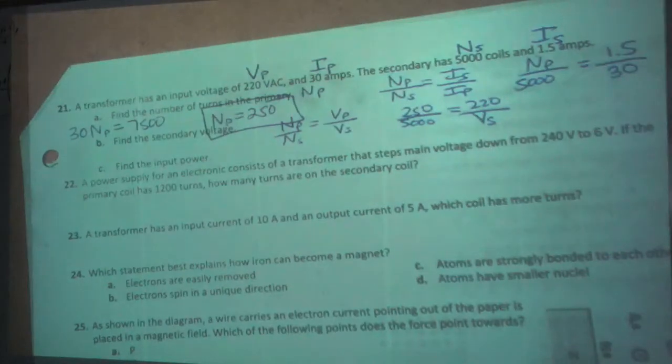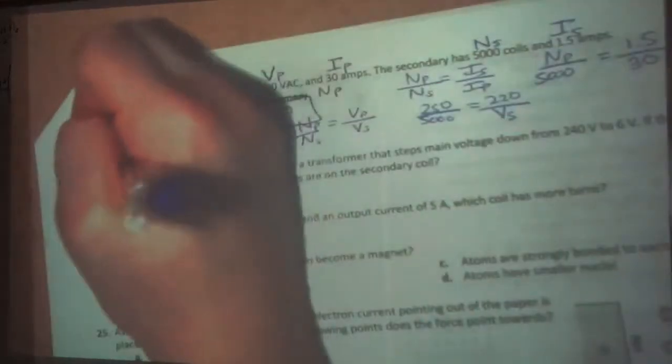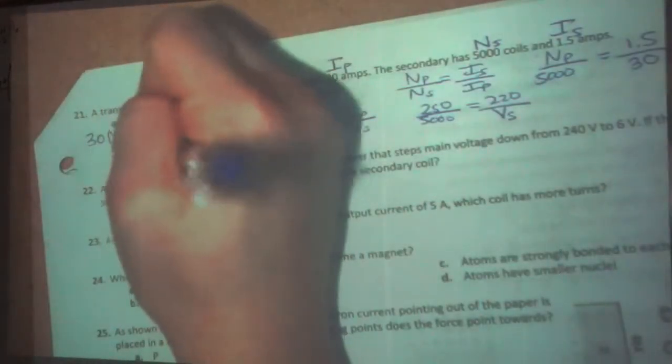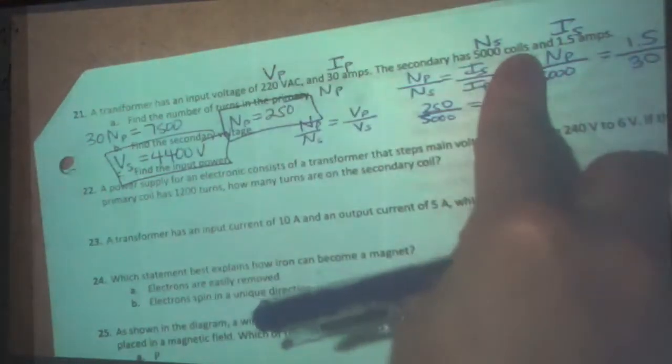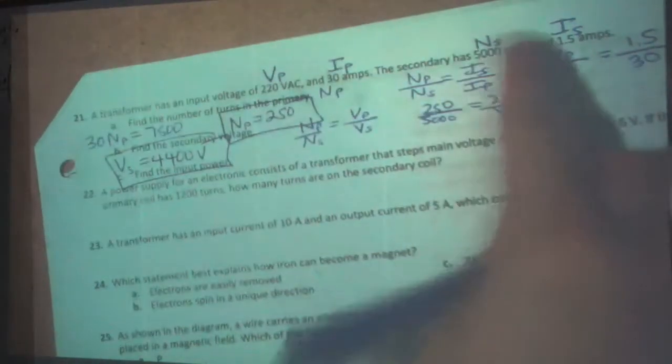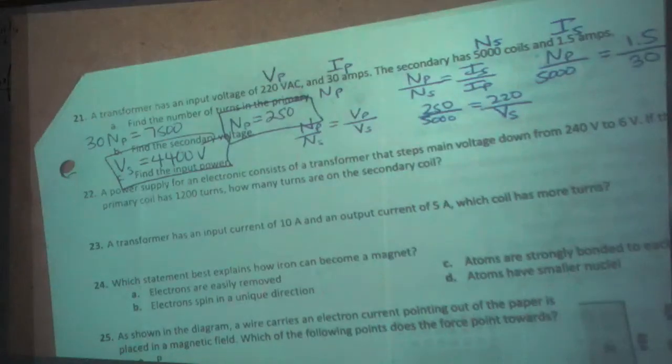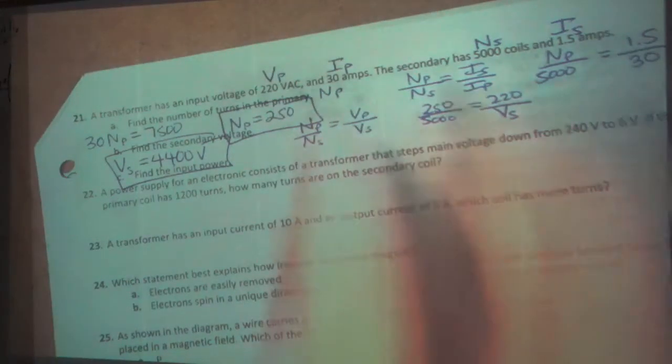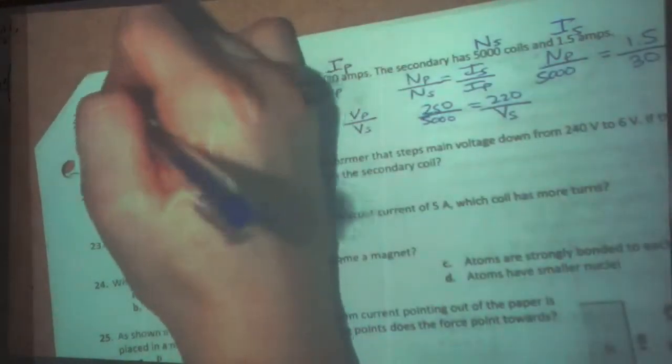So 5,000 times 220 divided by the 250, that's going to give me the secondary voltage is 4,400 volts. And we know that the voltage would get bigger because our number of coils was getting bigger, so that makes sense at least.